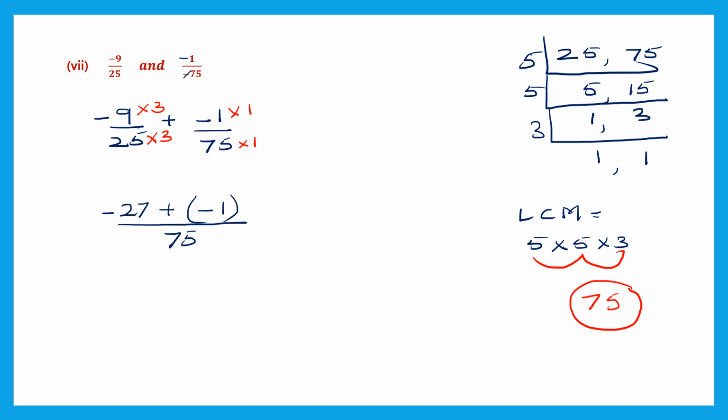So we have minus 27 plus minus 1. Signs are the same. Put the same sign and add. 27 plus 1 is 28. Minus 28 by 75. So this is our final answer, minus 28 by 75.